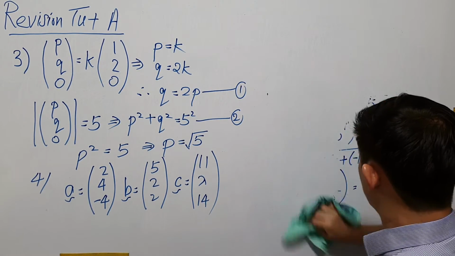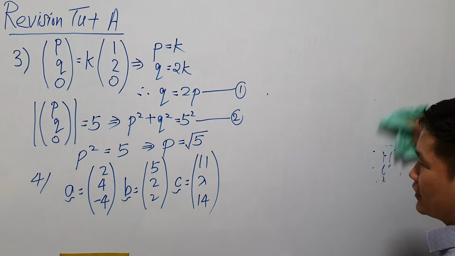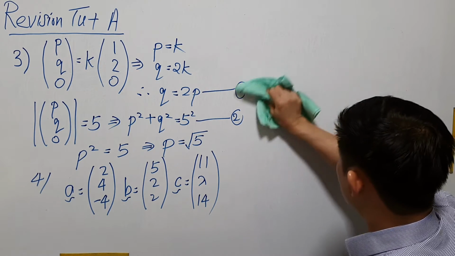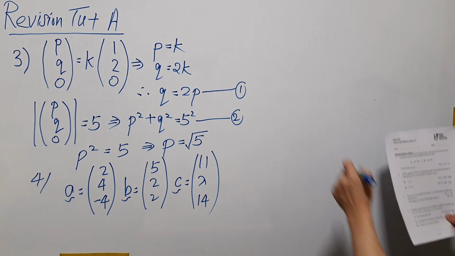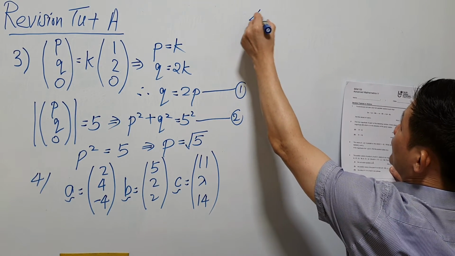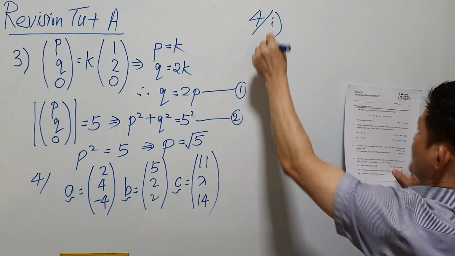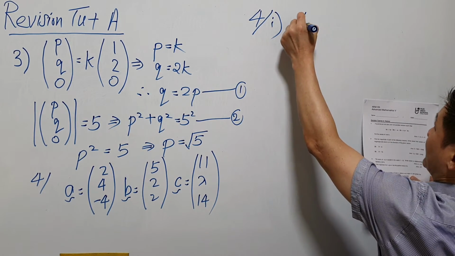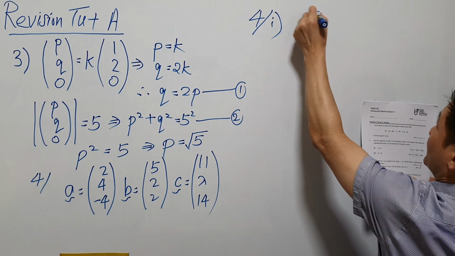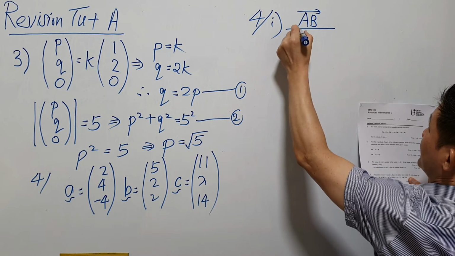This is question 4. What does question 4 ask for? Firstly, it asks for a unit vector parallel to AB. So for part 1, you want a vector which is parallel to AB and its unit vector. We all have learned to find such a vector: we take the vector divided by its magnitude.